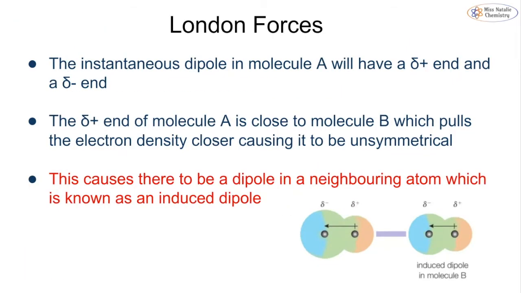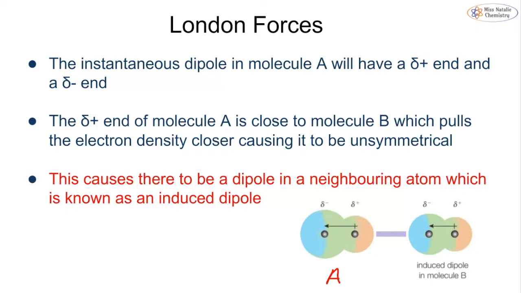Now, when this happens, and we get this dipole being formed, when molecule A comes close to another molecule, that delta positive end is going to pull the electron density of another molecule closer to it. And that then causes a different molecule to have a dipole.